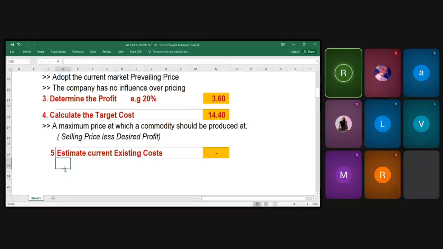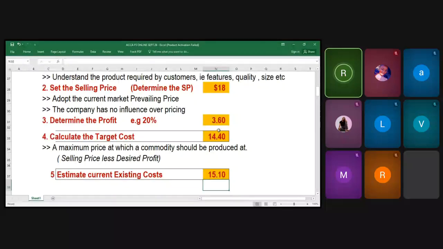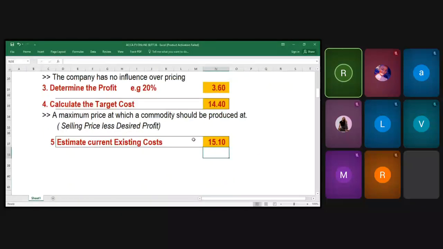And then you bunch all those costs and make the best estimate. You will find out that if we want to produce this product, we are going to produce at probably $15.10. What does that mean? We have exceeded the cost that we're targeting, or we have missed the target. So what does that mean? It means that we should not produce.